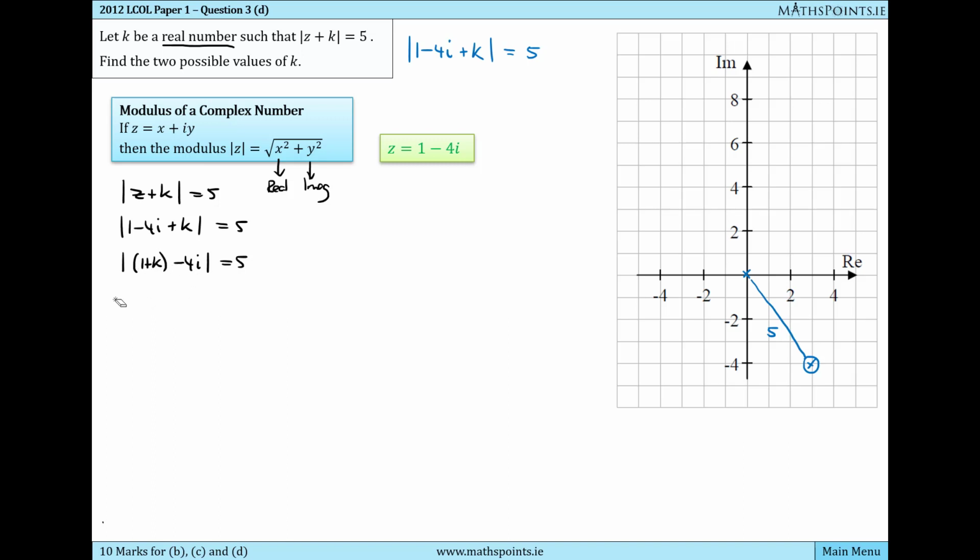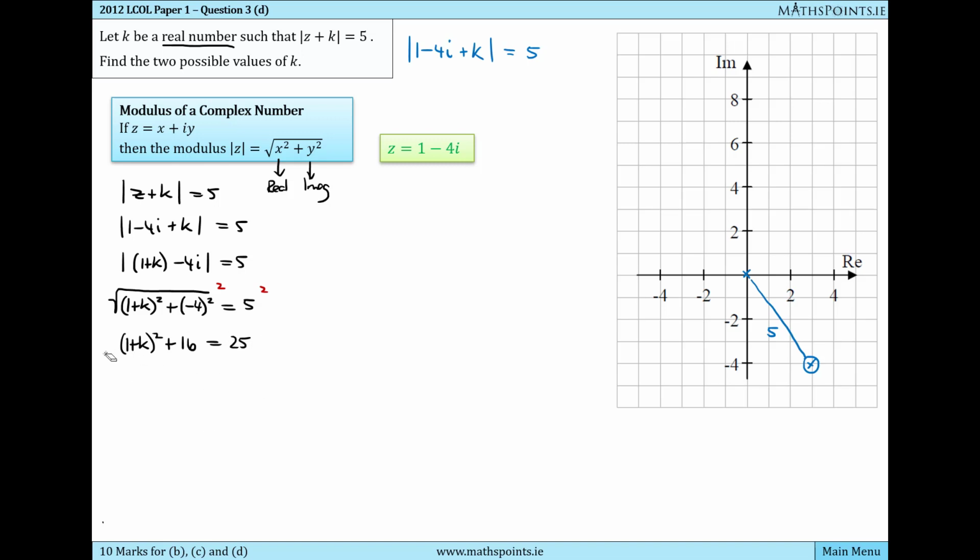And so to apply our formula, we have that the square root of (1 plus k) squared, the real part squared, plus the coefficient of the i part squared, minus 4 squared, is equal to 5. To get rid of the surd from the left hand side, we're going to square both sides. And so on the left, we have (1 plus k) squared plus 16 is equal to 25.